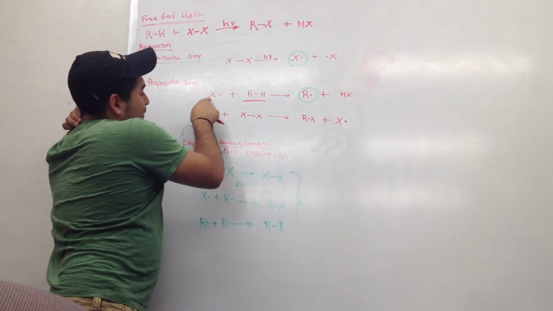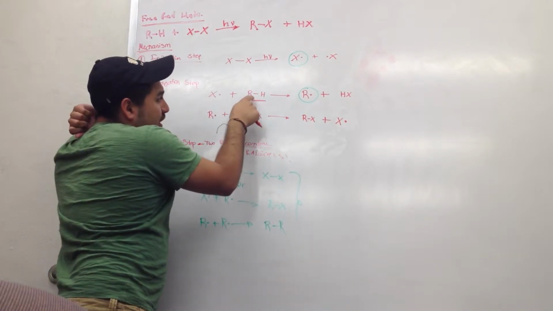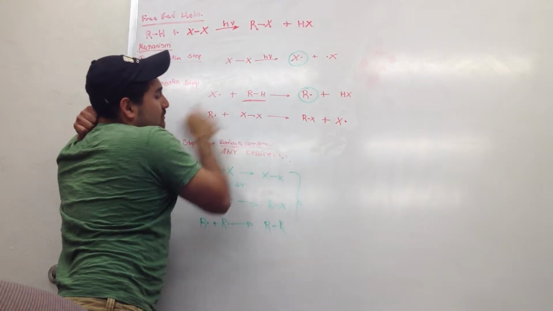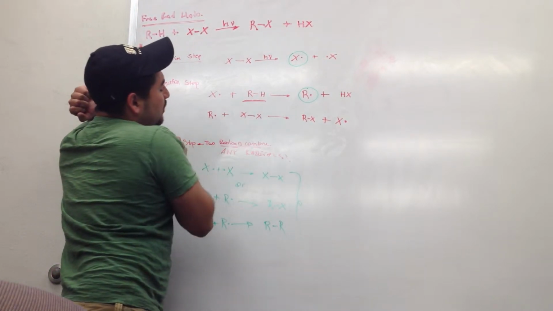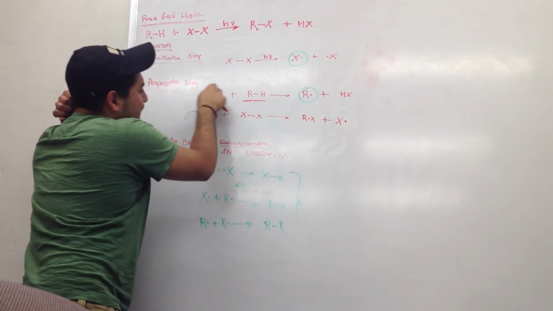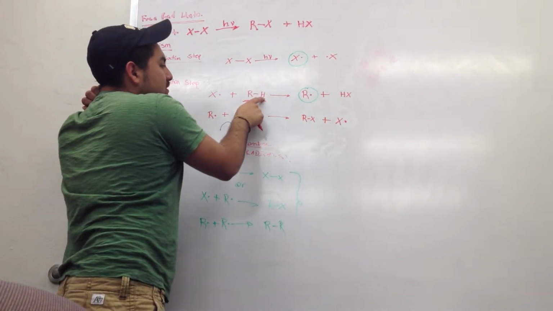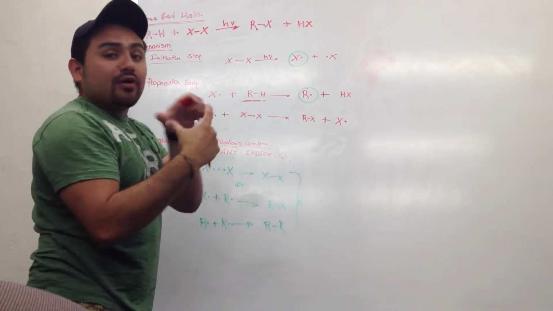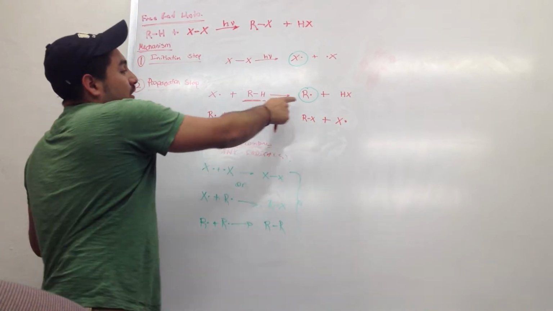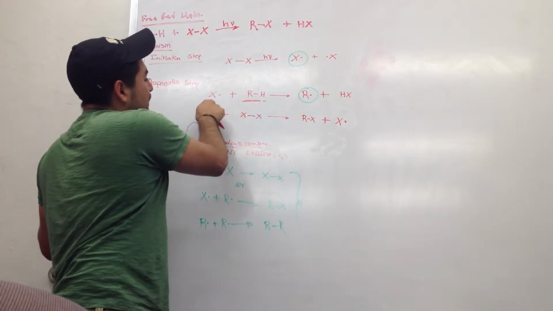So this halogen radical will crash into the alkane molecule and cause homolytic cleavage of it as well. It actually breaks a carbon-hydrogen bond in this molecule, and that hydrogen will bond to the halogen.